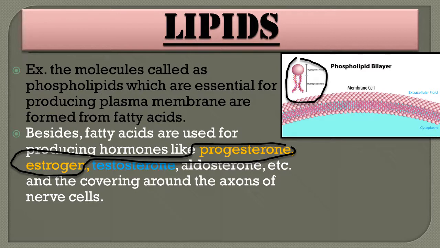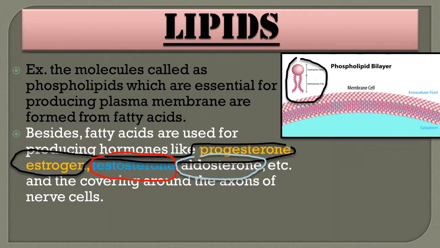These are the female reproductive hormones which play an important role in sexual and reproductive development in women, help regulate a woman's menstrual cycle, and play an important role in pregnancy. Testosterone is the male reproductive sex hormone which plays an important role in the development of male reproductive tissues. And aldosterone is a hormone secreted by the adrenal gland.